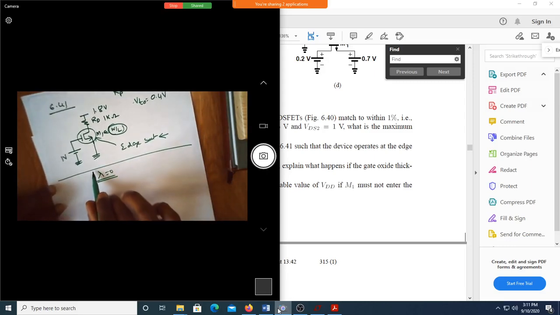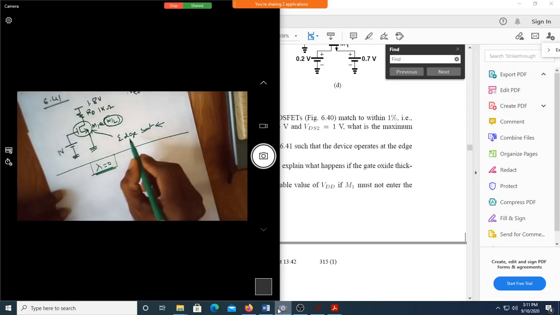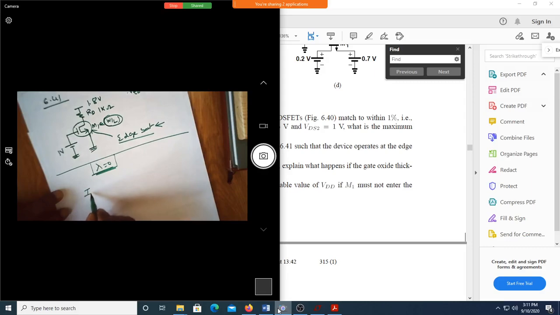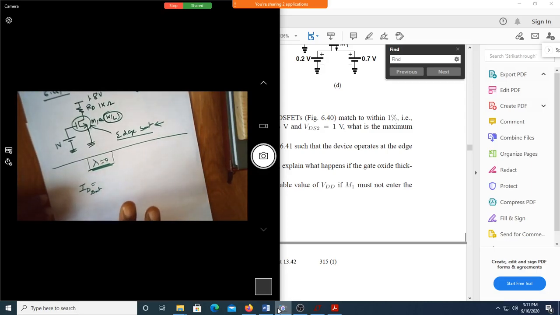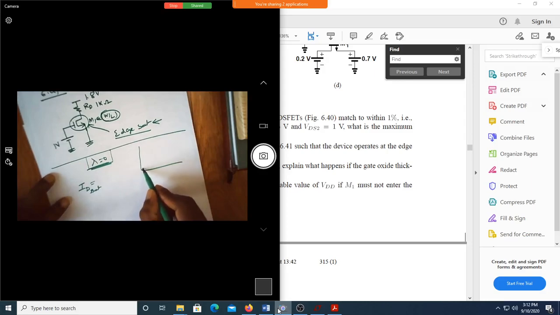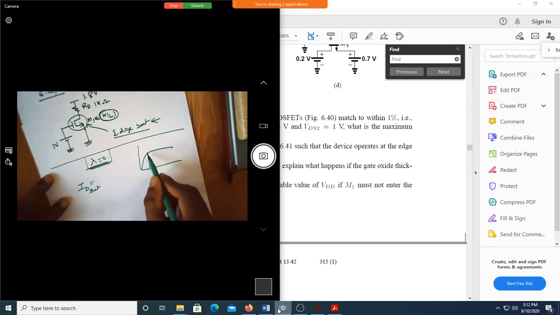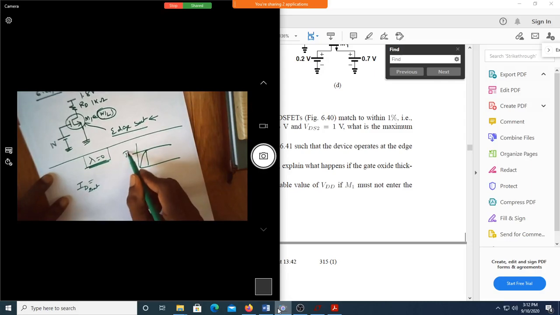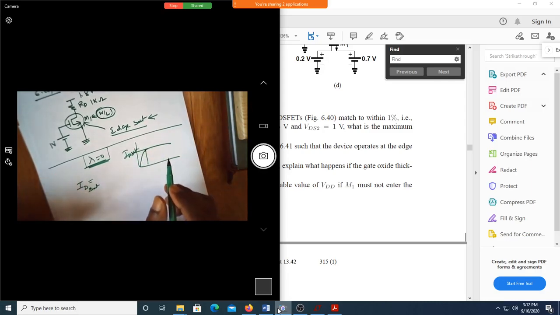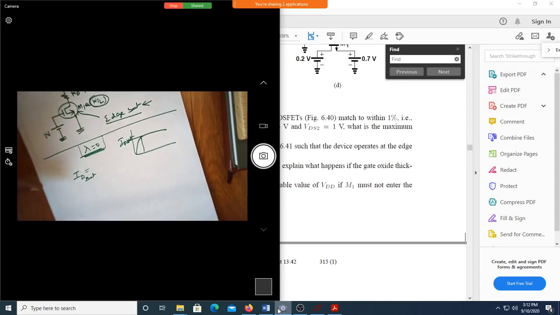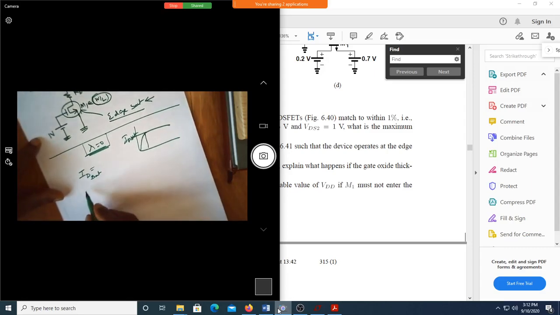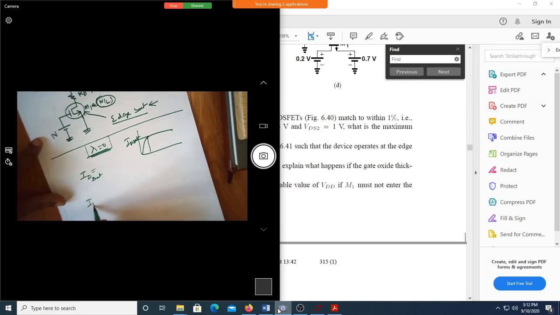For the time being, let us not worry about what this lambda is because we have not discussed it. Now, since it is at the edge of saturation, shall I take ID as equal to ID sat? At the edge of saturation, you are here, meaning that at this point the current is already ID sat. Now, ID sat is equal to what is the expression?